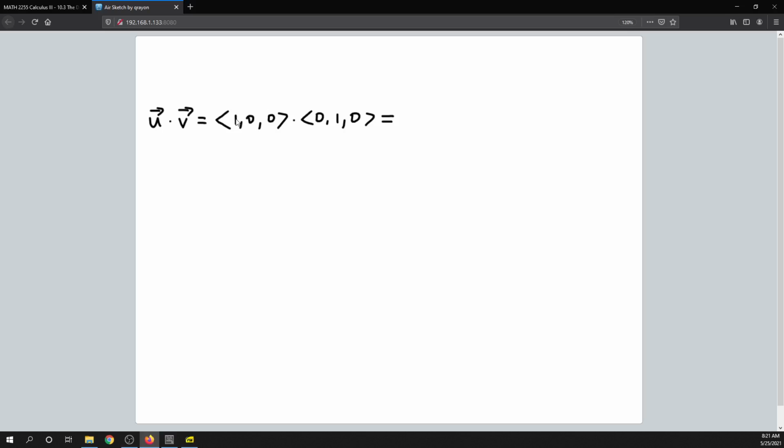And so it would just be 1 times 0 plus the product of the second components, that's 0 times 1, and then plus the product of the third components, that's 0 times 0. All right, so that comes out to be 0 plus 0 plus 0, and if you add all those up, it comes out to be 0.